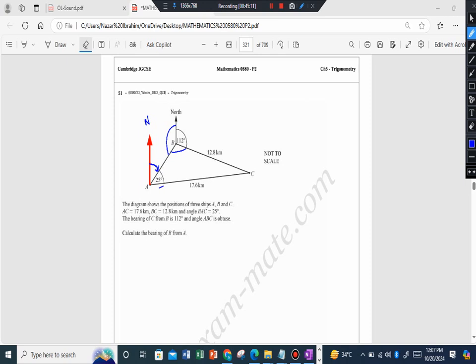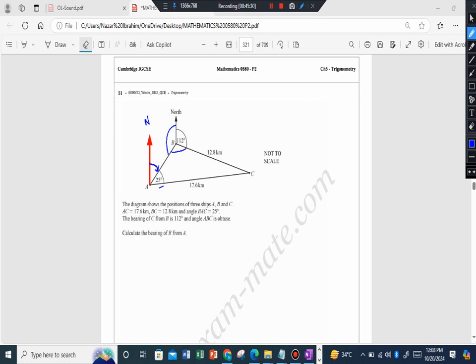As we can see, we have one pair of side and angle, that is angle A and its opposite side 12.8 kilometers. Secondly, I have to calculate angle B and the opposite side is known to me, so I can easily apply sine law.